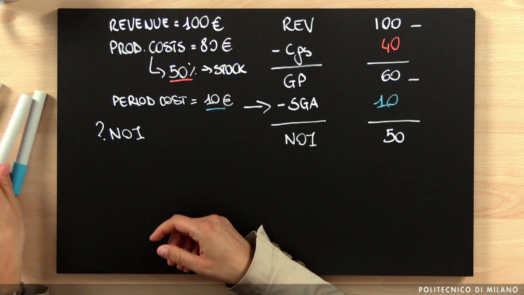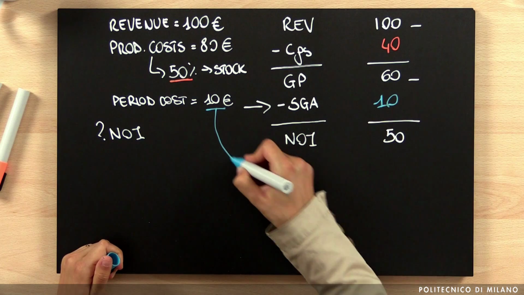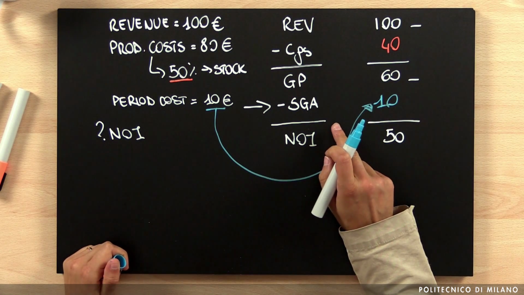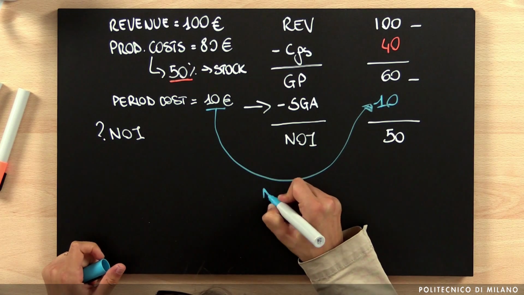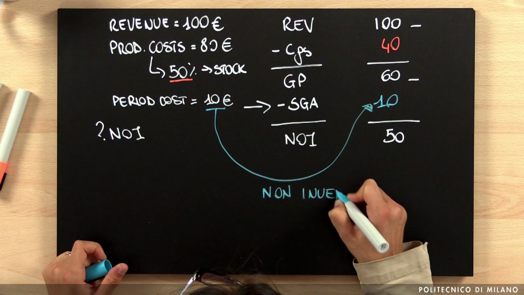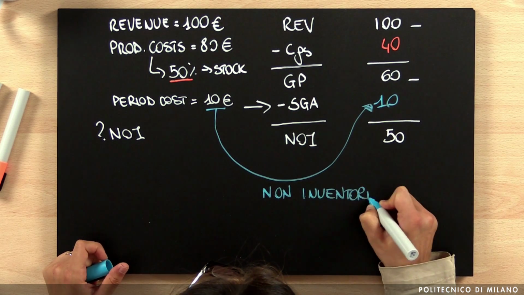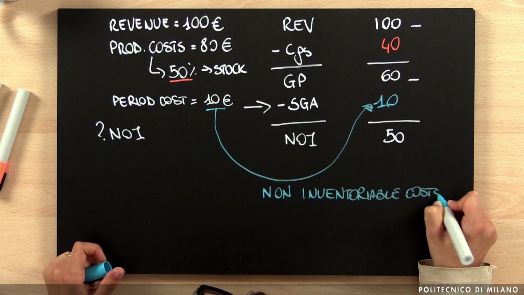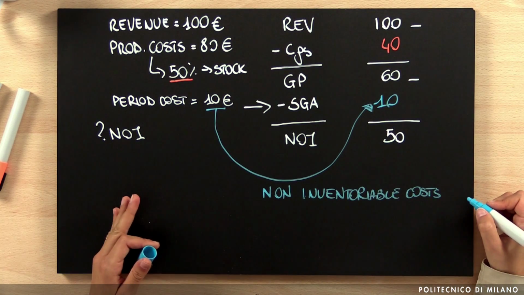So whatever the value, the period costs are immediately assigned as an expense within our income statement, which means that period costs are defined as non-inventoriable costs. So their impact is immediate within the income statement.